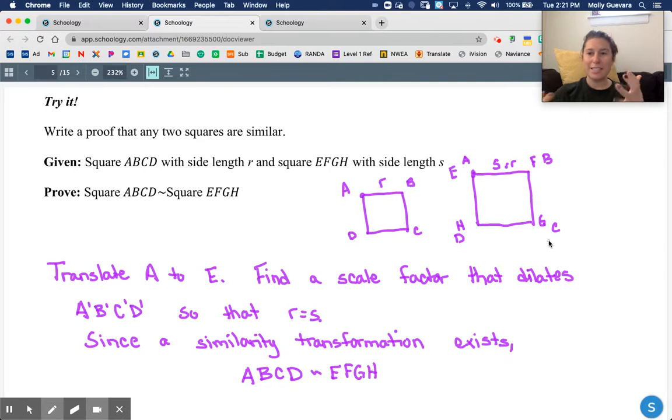So since I'm able to do that, since a similarity transformation exists, since I'm able to take A, B, C, D and translate it and dilate it so that it fits in E, F, G, H, then I know that these shapes are similar. Again, similar just means same shape, different size.